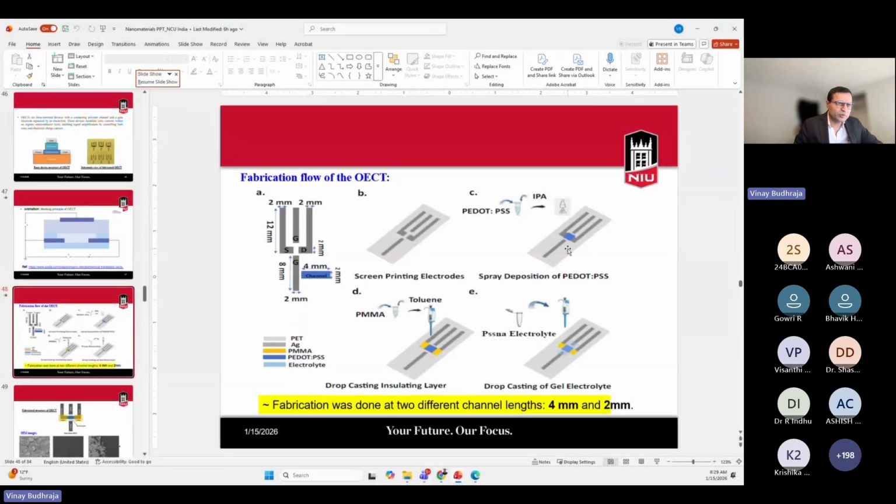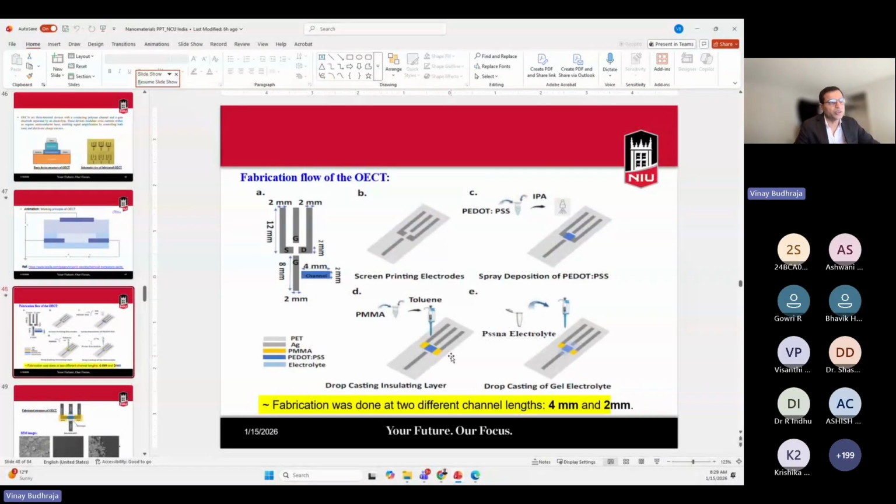We have tried PEDOT:PSS with 3 different techniques: one is drop casting, another is screen printing, and the third one is spin coating. Out of those three, screen printing works better than the other 2 techniques. Then on top of it, we do the electrolyte, and in this case, we are using the PSSNa based electrolyte. And then we cover the source drain region to avoid a short circuit between gate and source. That completes the OECT devices.